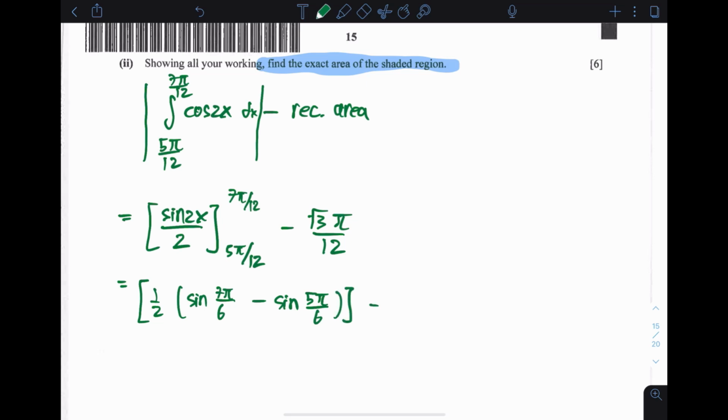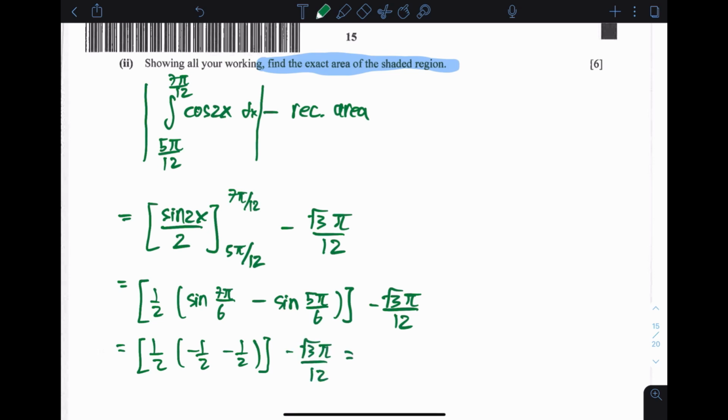Try to key this into the calculator. You are going to get negative half minus half. What's left is just simplifying this. This is actually such a bad number.